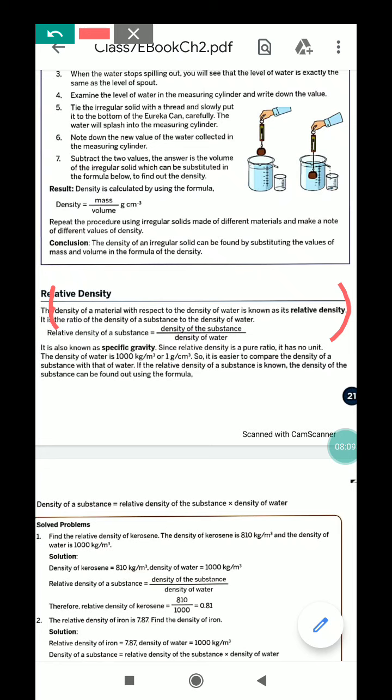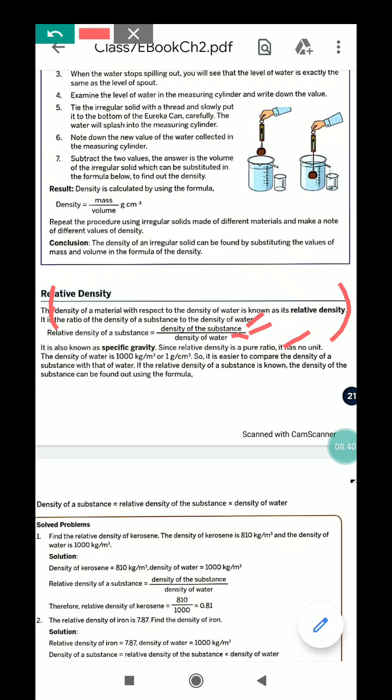So the formula is: relative density of a substance is equal to the density of the substance by the density of water. It is also known as specific gravity. Since relative density is a pure ratio, it has no unit.